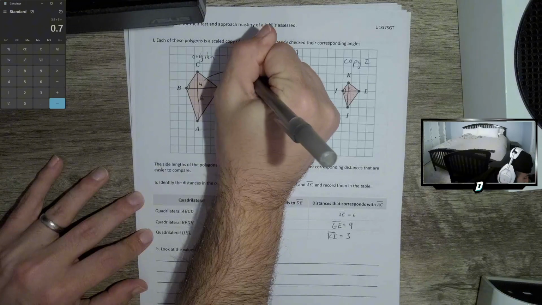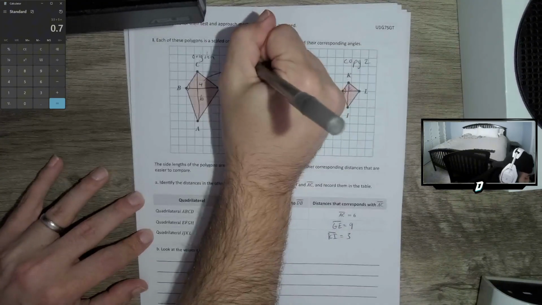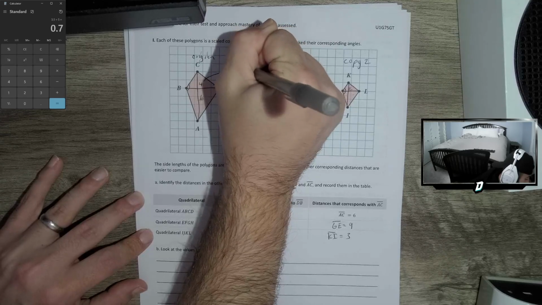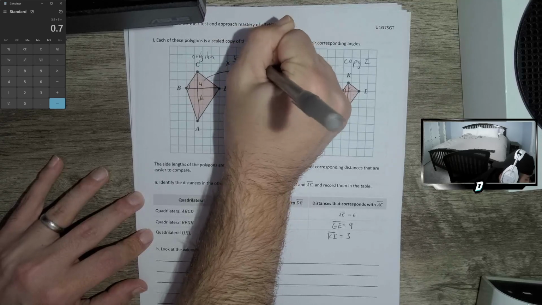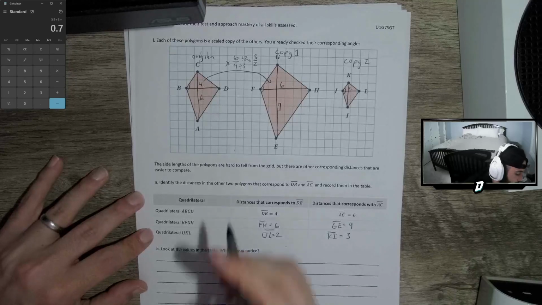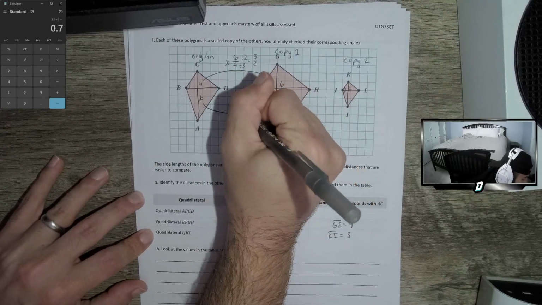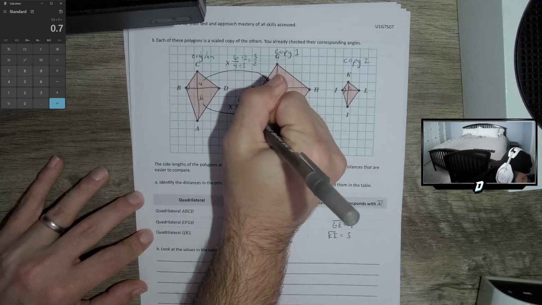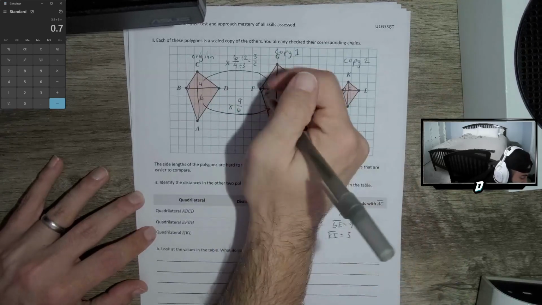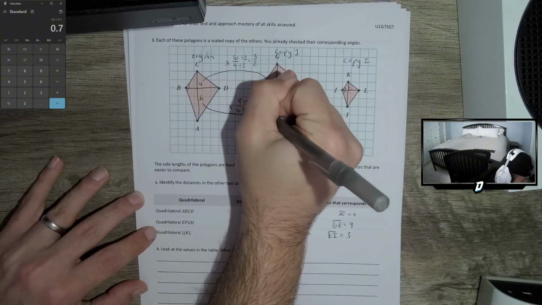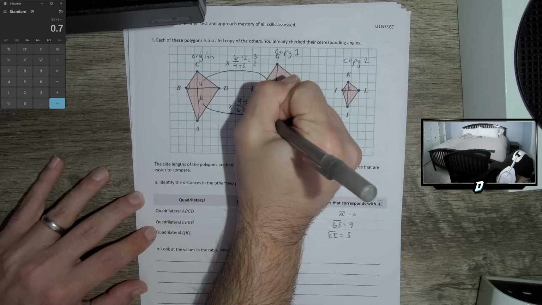So 6/4, and that can reduce down to be 3/2. And then again, 9/6. Because it's a ratio, I can multiply by 9/6, and that is divisible by 3 as well. So this would be 3/2.